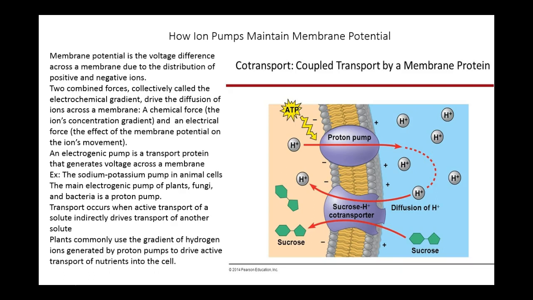And we are actually shifting that membrane potential because you're pumping those hydrogens out, and so that creates the ability for work to be done, for that sucrose to come in, due to this co-transport of proteins embedded that become pumps.